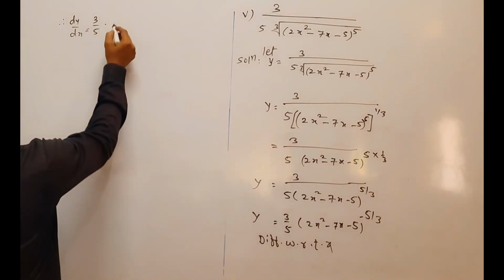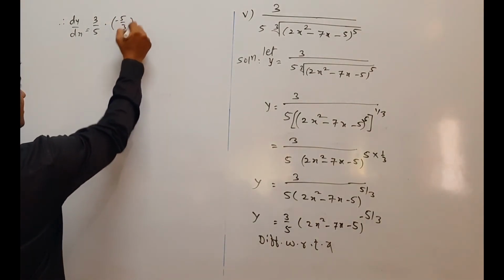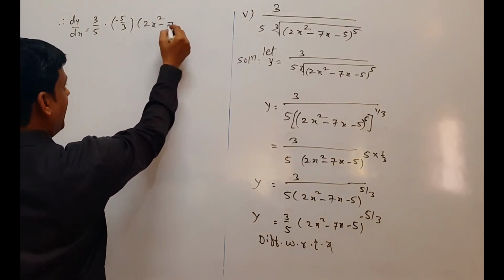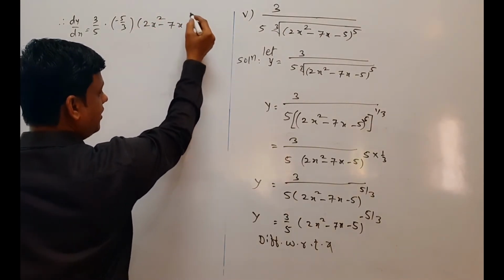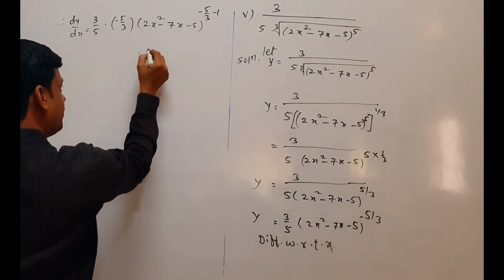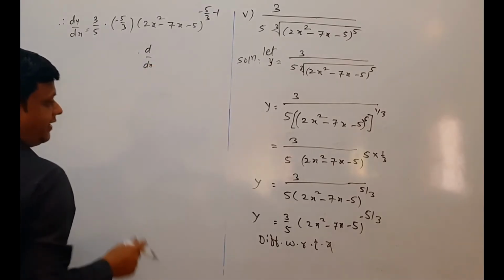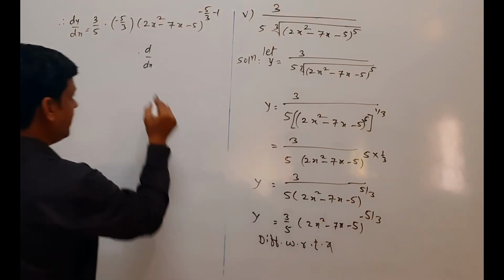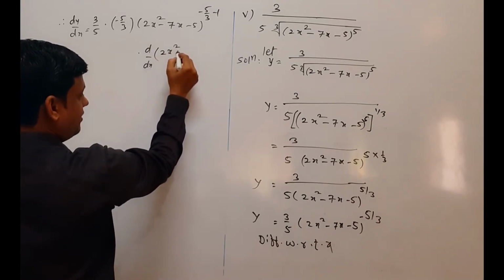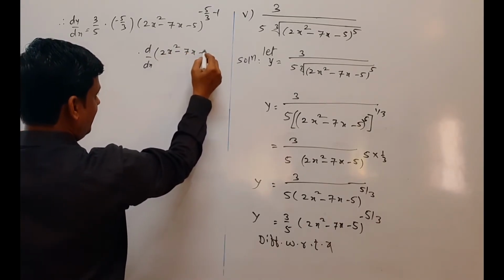So we write here power in multiplication, that is minus 5 by 3 into 2x square minus 7x minus 5 raised to the power minus 5 by 3 minus 1 into, again we have to find the derivative of this bracket, into d by dx of 2x square minus 7x minus 5.